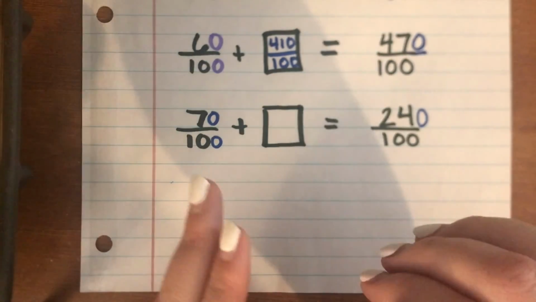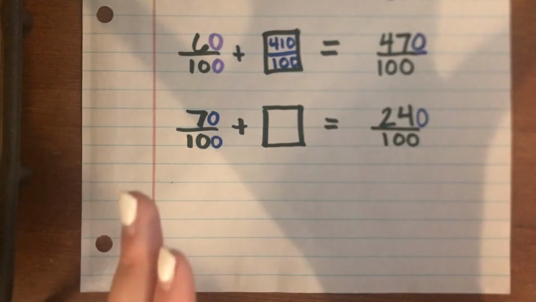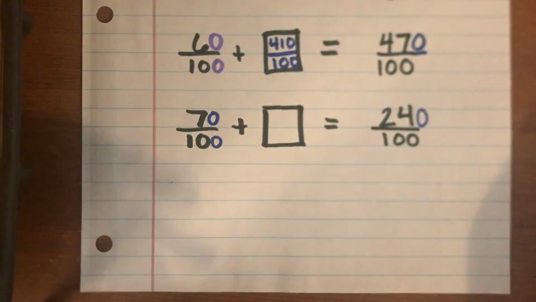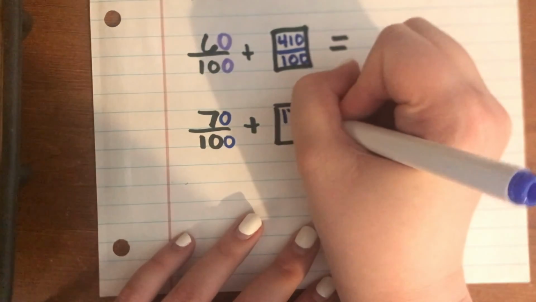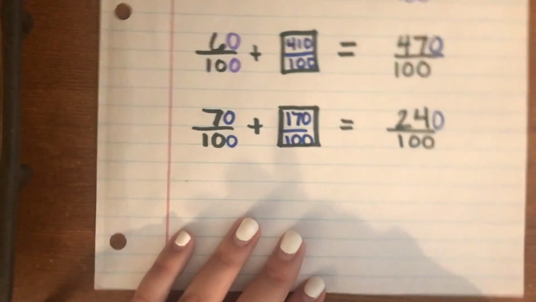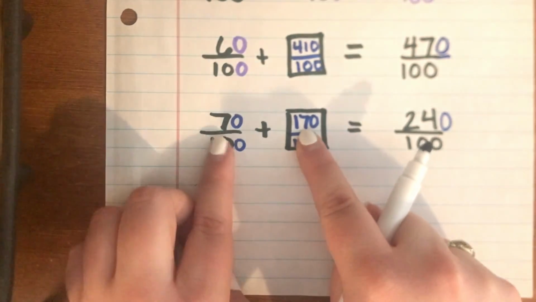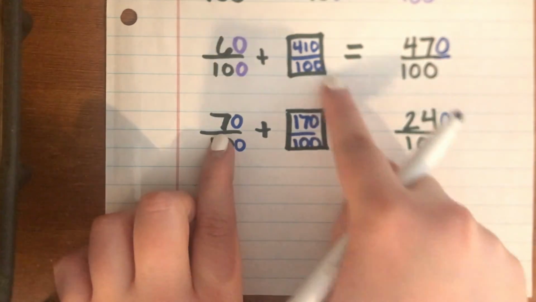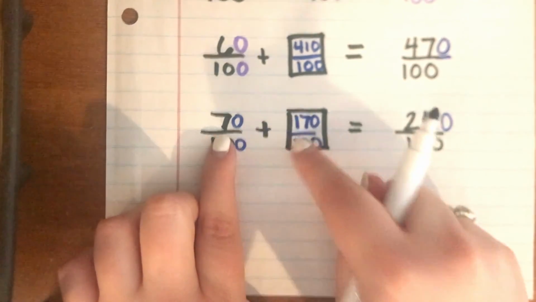So I had one group of 10 and then more groups of 10. So I had 170 over 100. That makes sense because 7 plus 7 equals 14, which would add another 100 to the hundreds space.